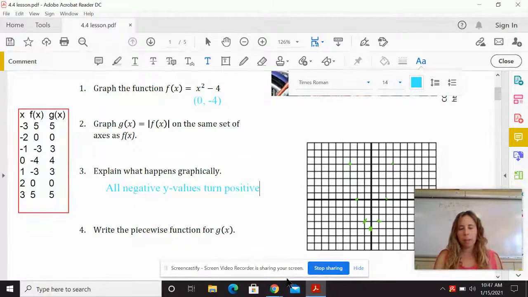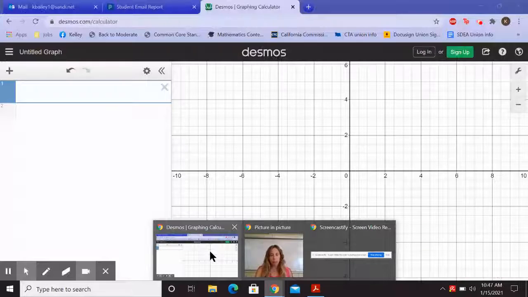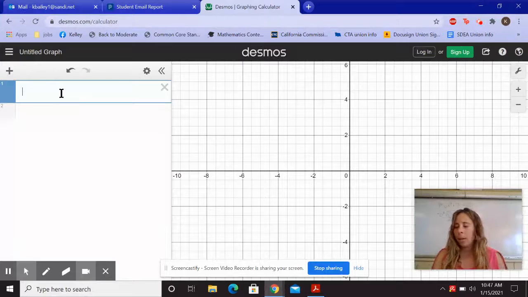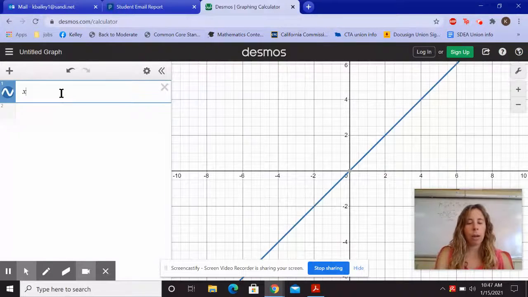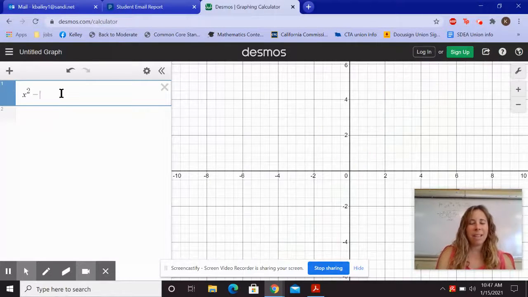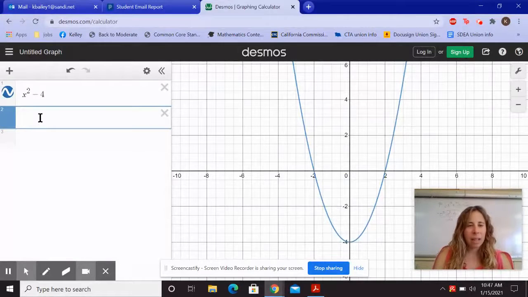So let's graph it. Let me switch over to Desmos. Here we go. So it's x squared minus 4, and that should be what you got when you graphed it.